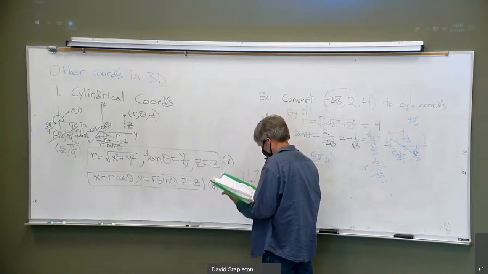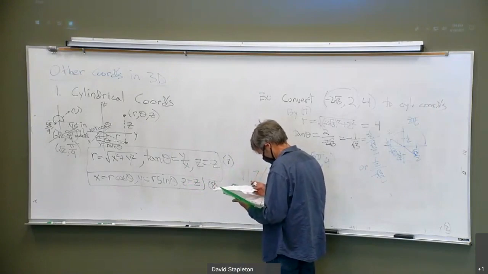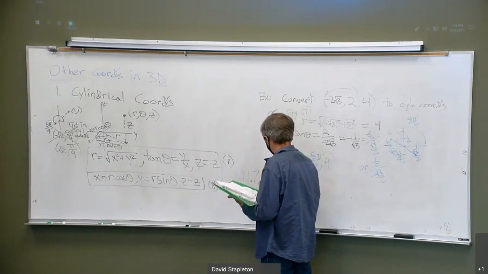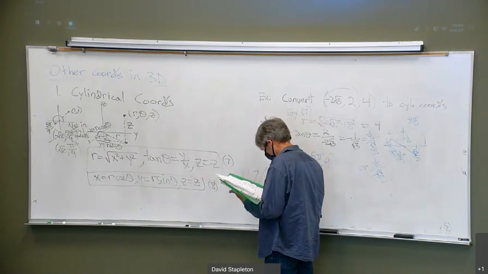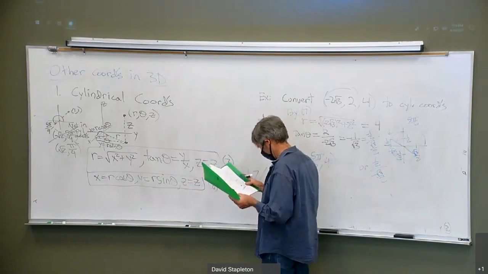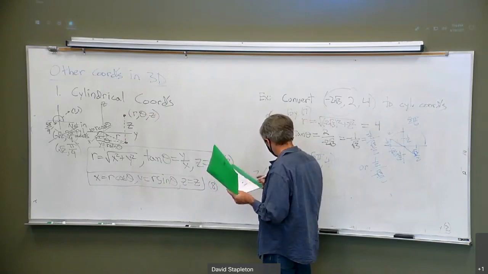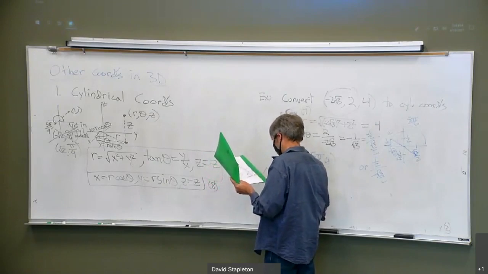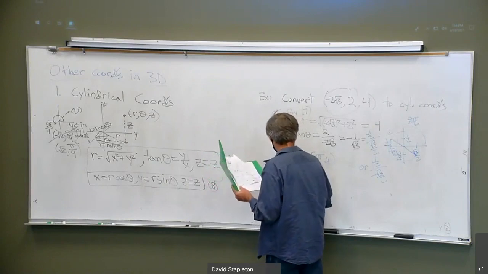Problems 15 through 39, odds. Put 41, so 15 to 41.